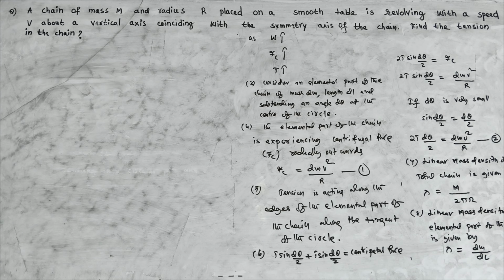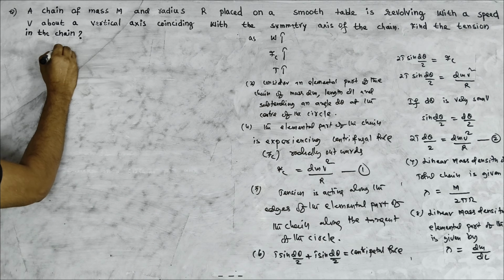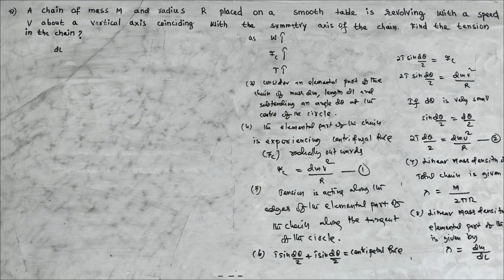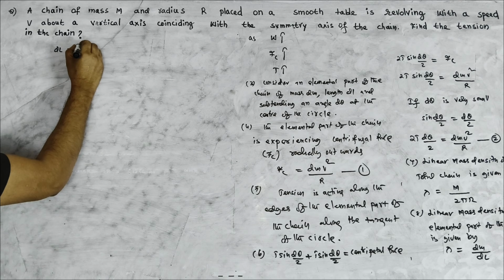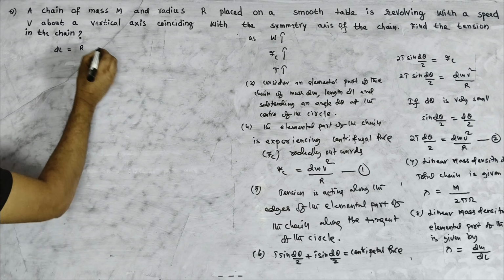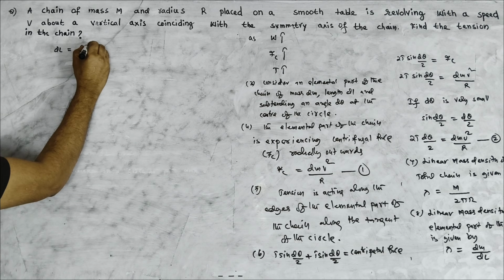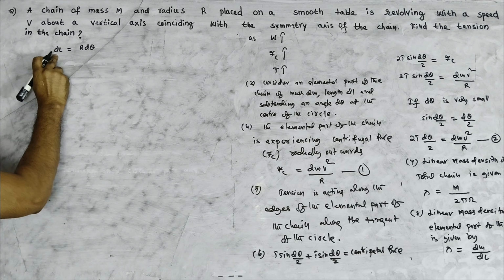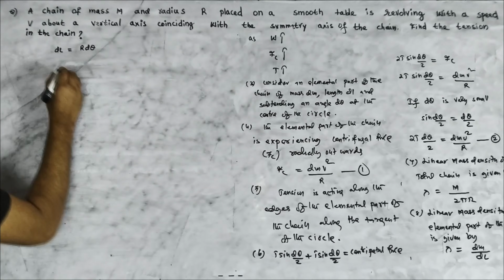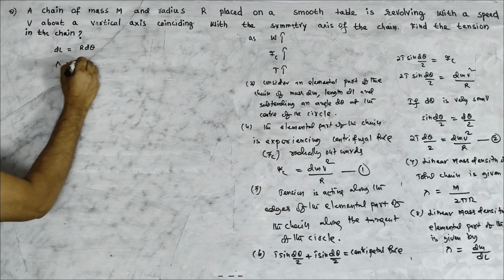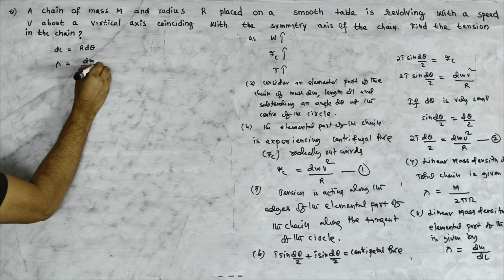But dl, the arc of the elemental part, is equal to the radius of the circle times the angle subtended at the center, that is r d theta. Putting this in, we get lambda is equal to dm upon r d theta.